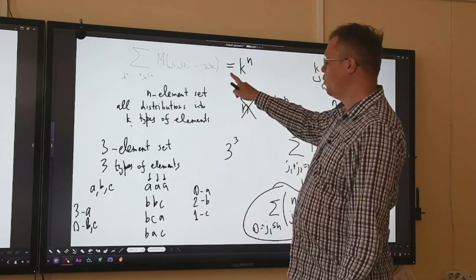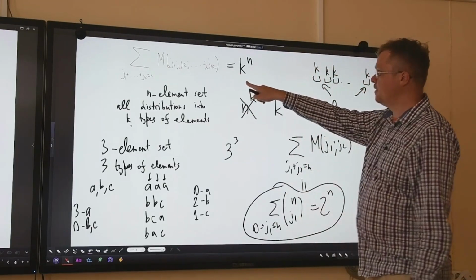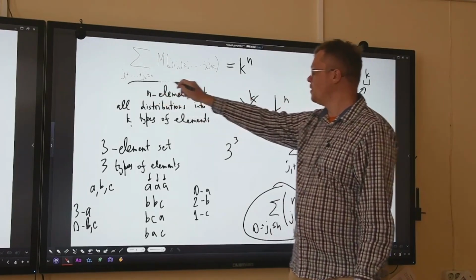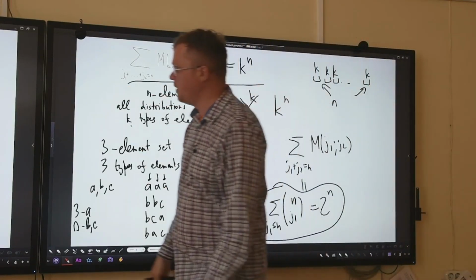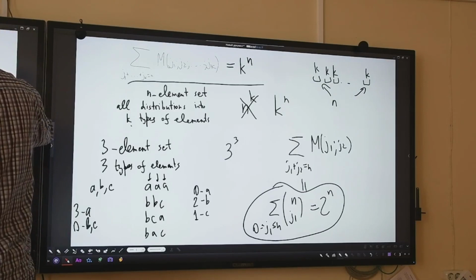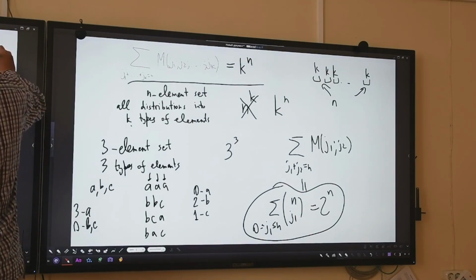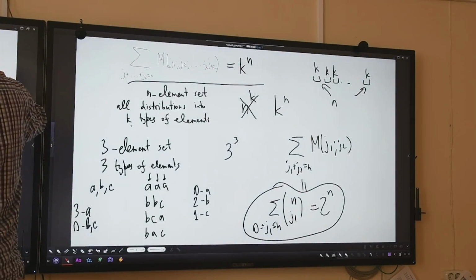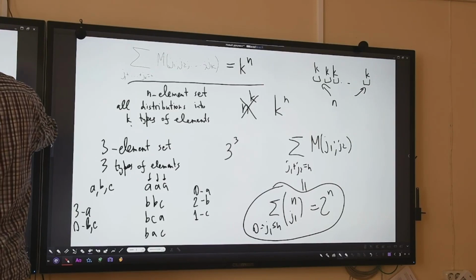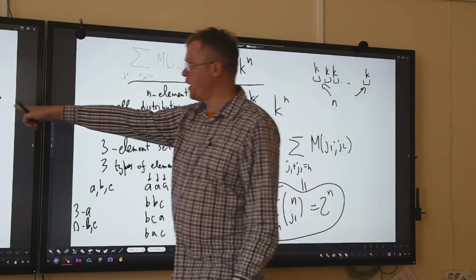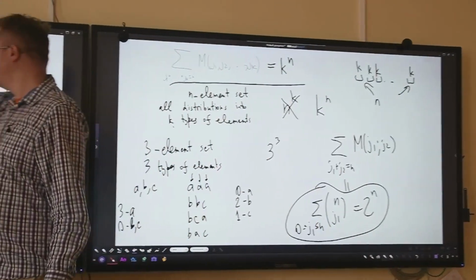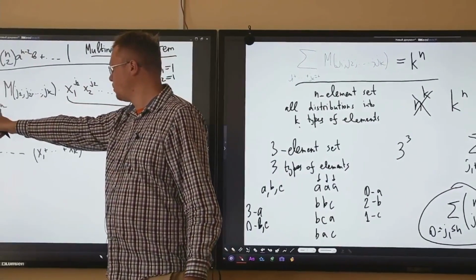Okay, so we can prove it just using the formula on the left board. If I take x1 equal to 1, x2 equal to 1, etc., xk equal to 1, then on the right-hand side I will have the sum of all multinomial coefficients with the sum equal to n.